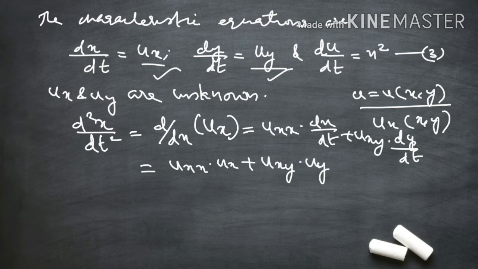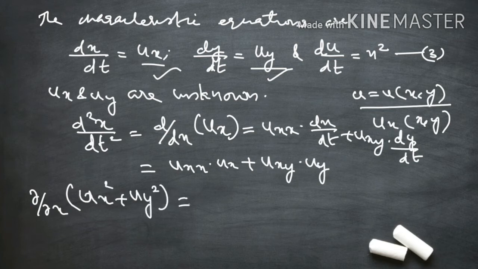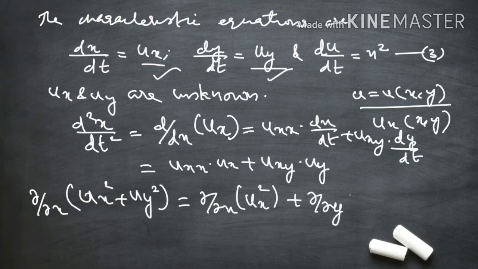But we know that our eikonal equation is ux square plus uy square equal to n square. Consider the partial derivative with respect to x of the left side, ux square plus uy square. Then this is equal to dou by dou x of ux square plus dou by dou x of uy square.